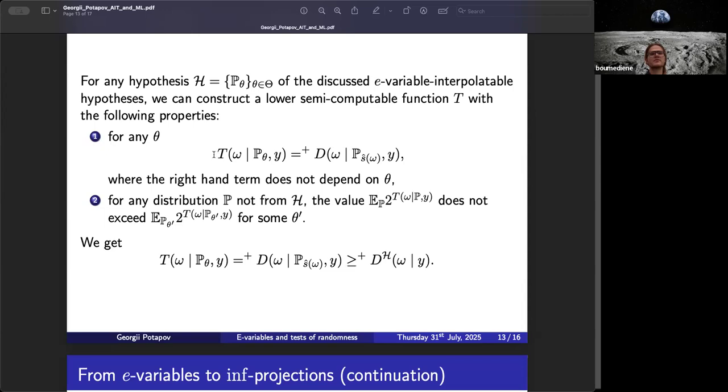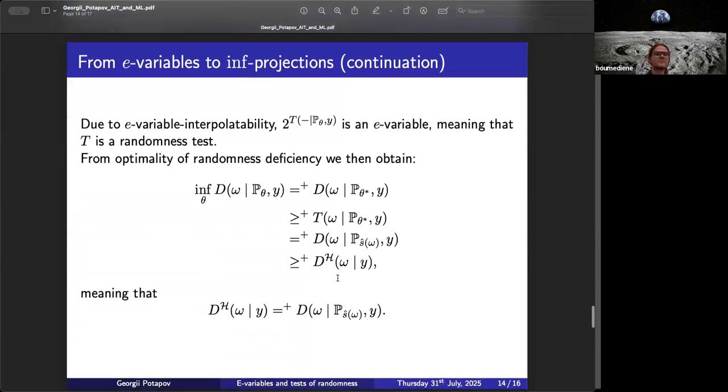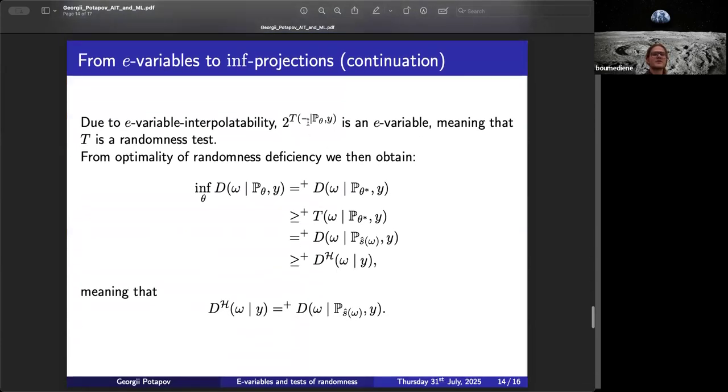So when we have this lower semi-computable function, we can first note that it should be at least equal to the inf projection, simply by definition. But on the other hand, due to the results that we have for e-variables, you can see that 2 to the power of our function would be just some e-variable.